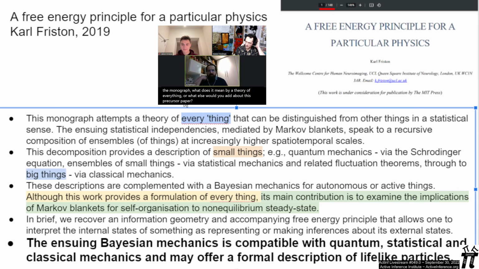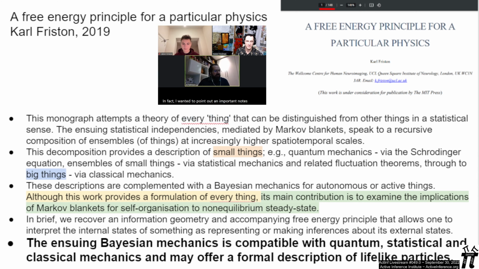In fact, I wanted to point out an important note stated in footnote number 1 of the classical physics paper. You see, in this paper by Karl Friston, the word particle is used, as you mentioned, for the combination or the joint set of internal and blanket states.